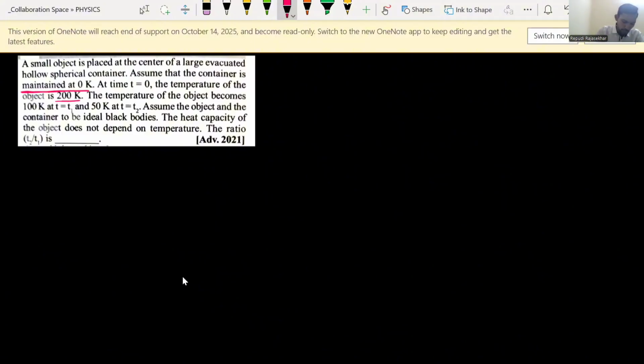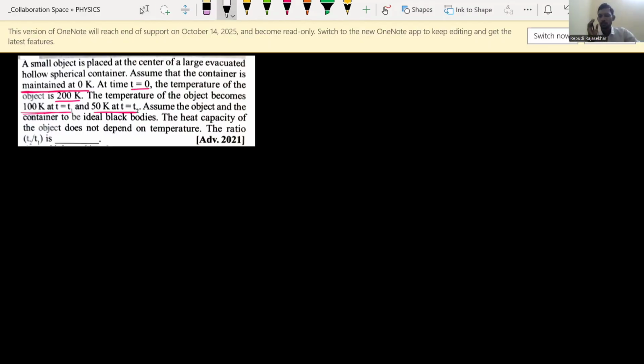The temperature of the object becomes 100 Kelvin at t equals T1, and 50 Kelvin at t equals T2. Assume the body and the container to be ideal black bodies. The heat capacity of the object does not depend on temperature. The ratio T2 by T1 is?